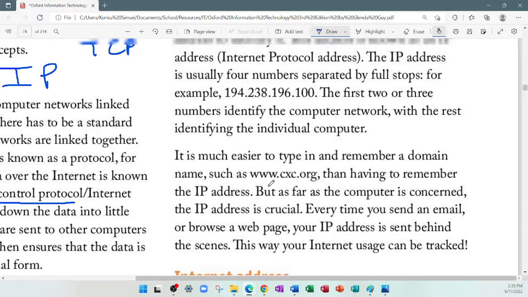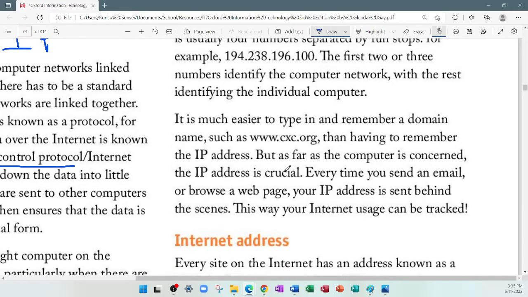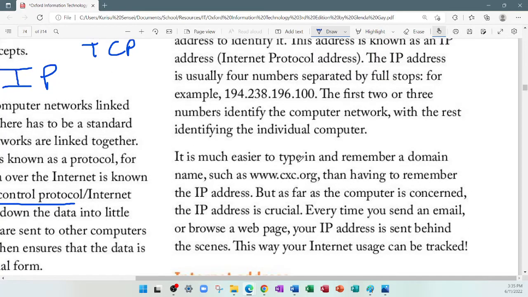Now, why is it that we don't actually type in this address here? Well, I'm sure none of you will be able to remember this, or any form of series of numbers for any website. What we do remember is CXC.com, Facebook.com, YouTube.com. We remember words more.